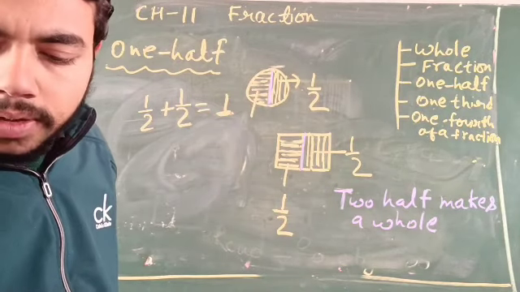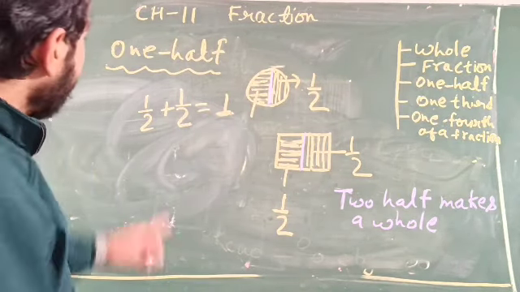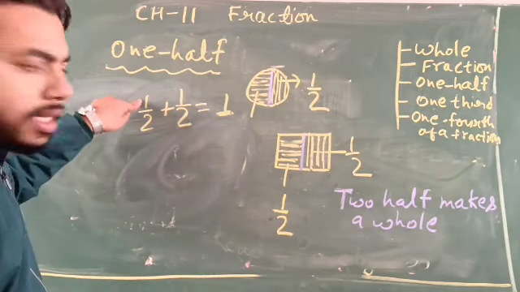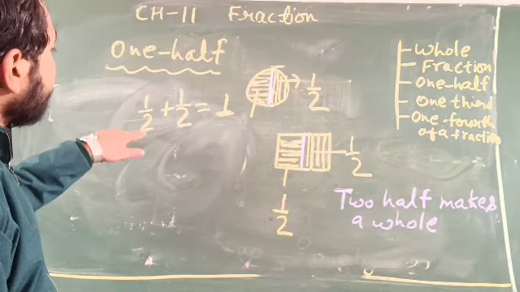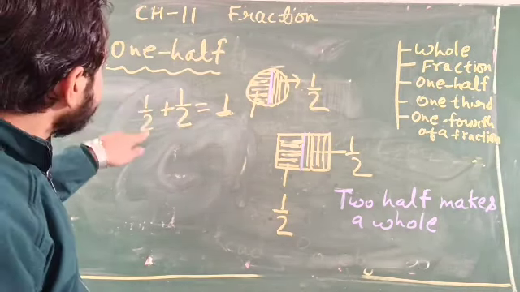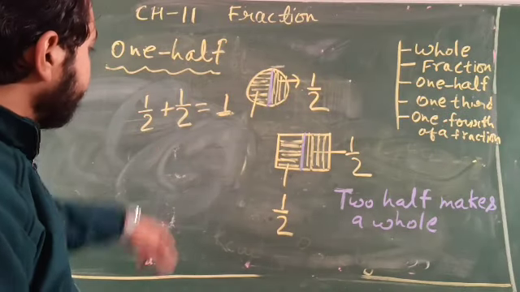So how is it? Here you all know that the upper part is the numerator and the lower part is known as the denominator. Here 1 is the numerator and 2 is the denominator.